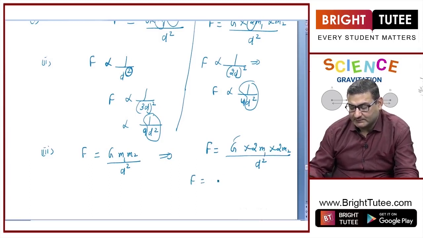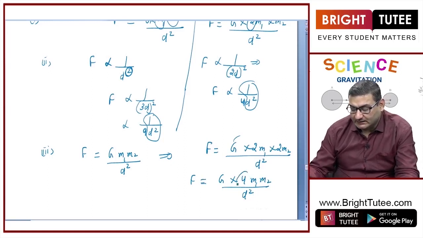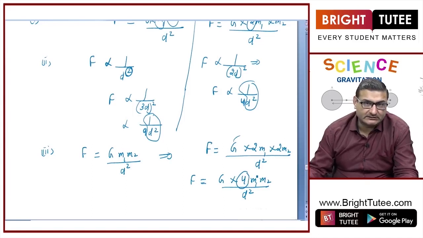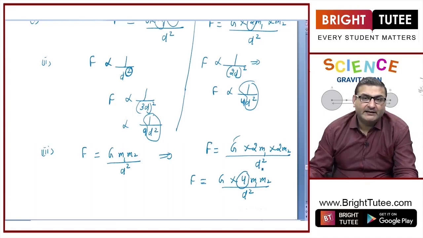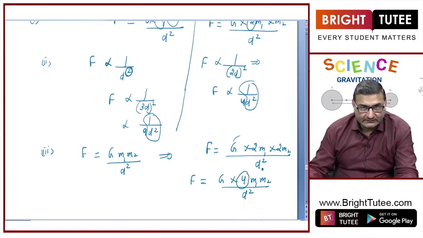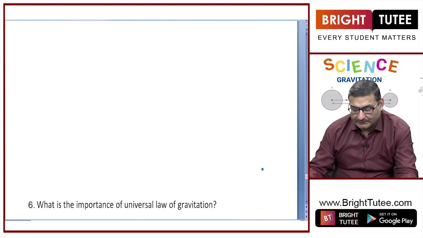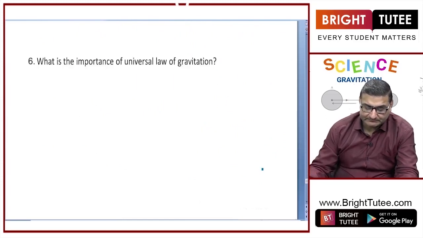So, it becomes F is equal to G into 2 and 2 is 4 m1 m2 upon d square. So, ultimately by doubling the mass of both the objects, the force of attraction between them will be 4 times the original force, right.